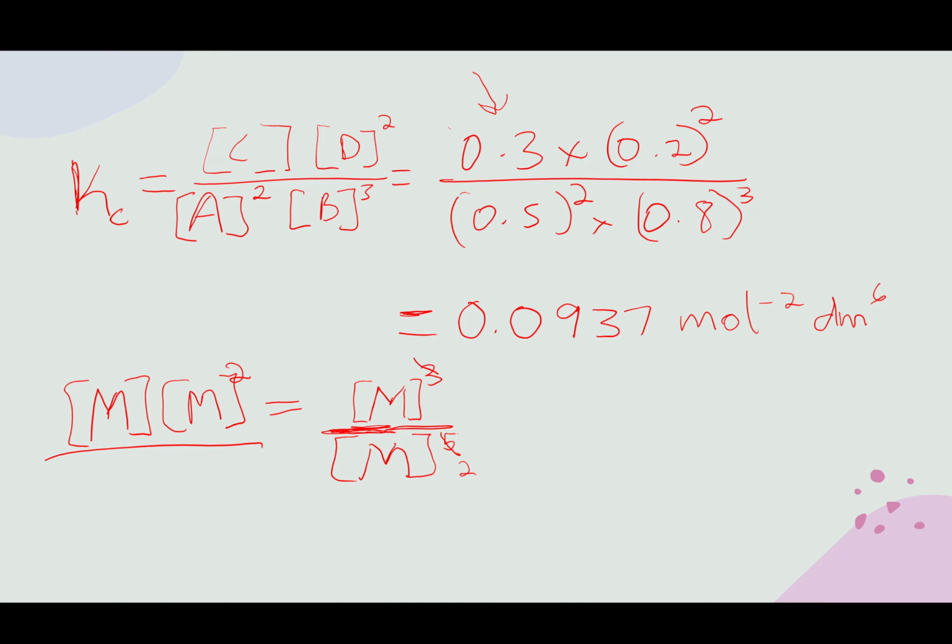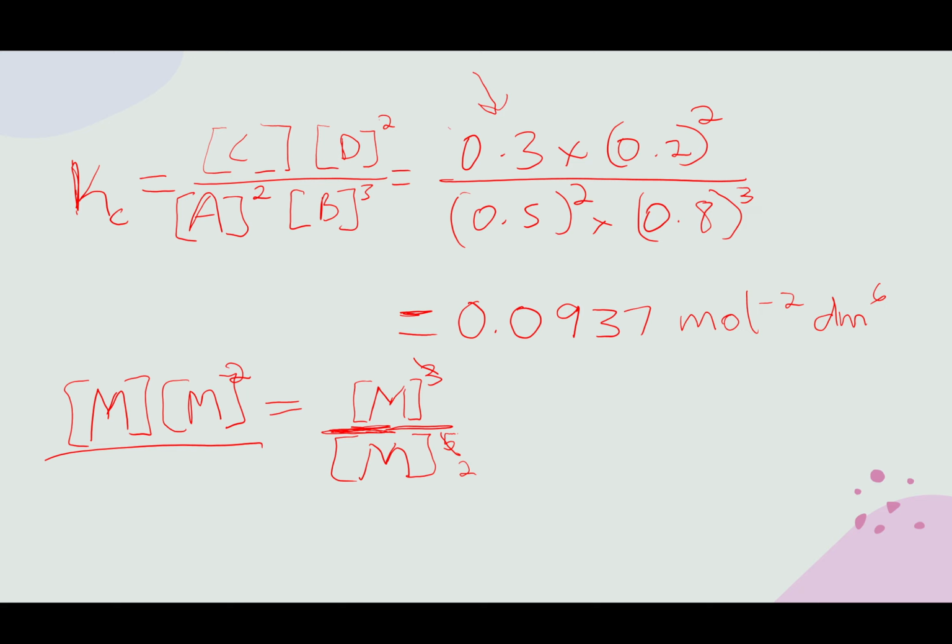Am I supposed to use moles per dm cube or the large M? The capital M, you can use if you want, but we use mole per dm cube in the Caribbean mostly. Because if you just use the capital M, you won't be able to get these quantities, specifically the -2 and the 6, properly.